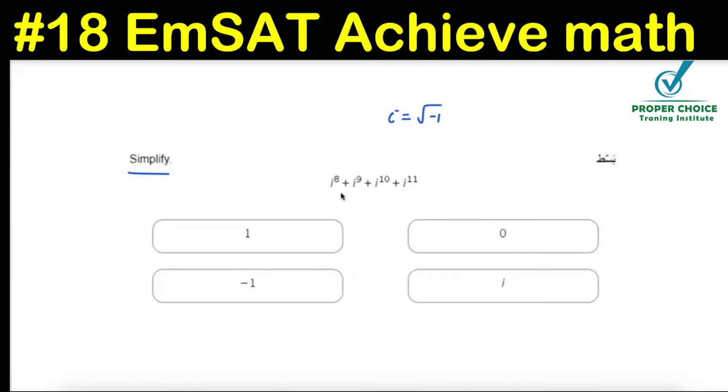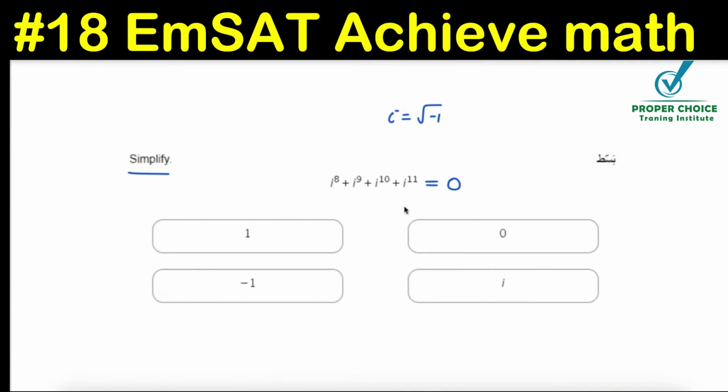And remember one thing, whenever the powers of i are consecutive numbers like 8, 9, 10, 11, or consecutive even numbers, like i to the power 2 plus i to the power 4 plus i to the power 6 plus i to the power 8, or even consecutive odd numbers like i to the power 1, 3, 5, 7, whenever we are adding 4 such terms, we will definitely get the result as 0.